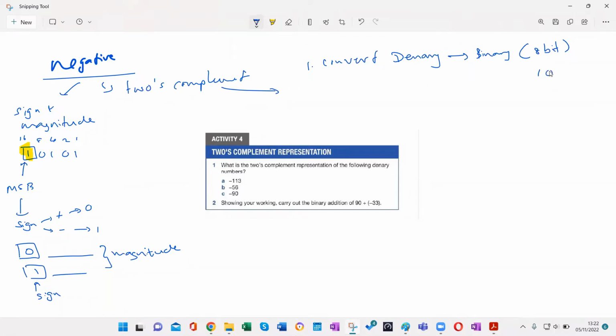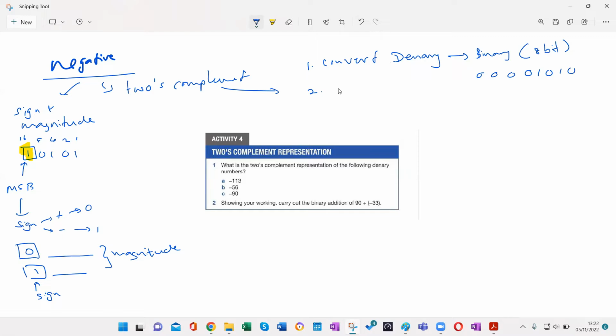For example, if your binary number has only 4 bits, add zeros to make it 8: 1, 2, 3, 4, 5, 6, 7, 8. And after that only you move to the second step. In the exam, don't make that mistake. If there are fewer bits than 8, make sure that you add zeros to make it 8-bit. We are working with 8-bit binary numbers.